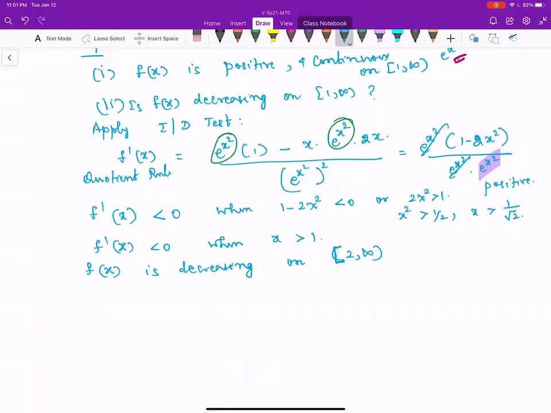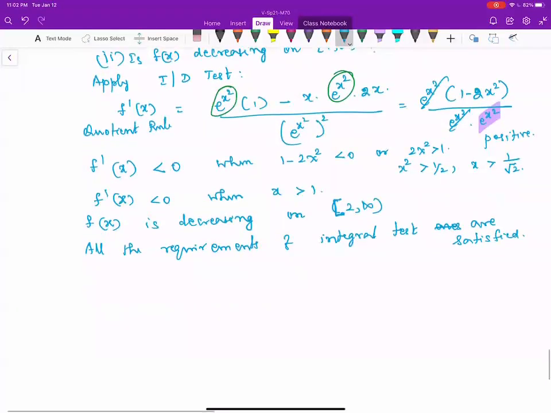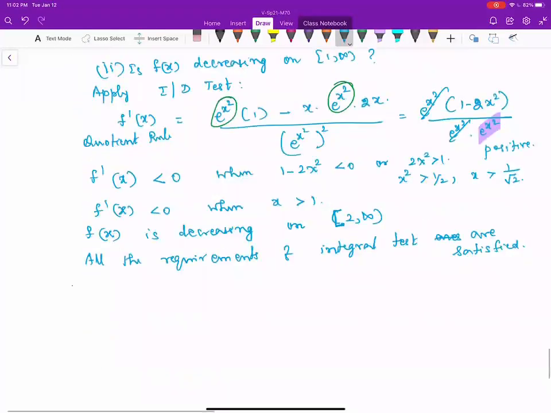So all the requirements of the integral test are satisfied. Now we have to evaluate the improper integral.